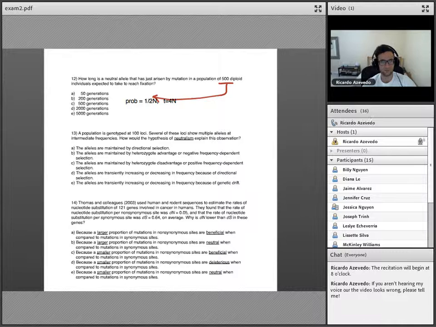Okay, so how long does a neutral allele that has just arisen take to reach fixation? So it should be 2. That can't be. 500 diploid individuals, 1 allele.